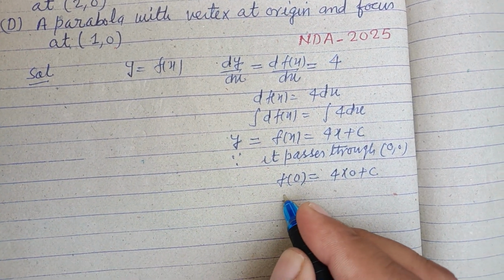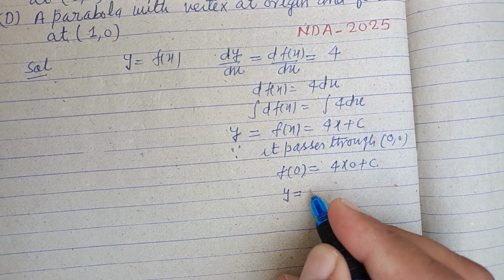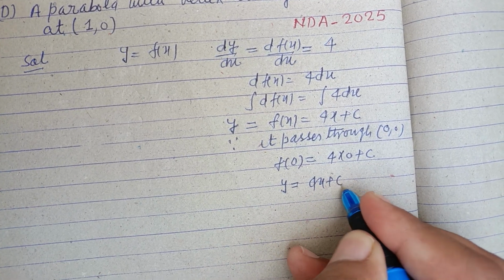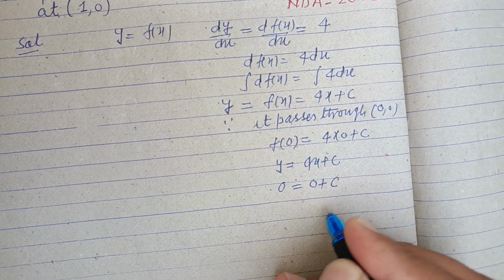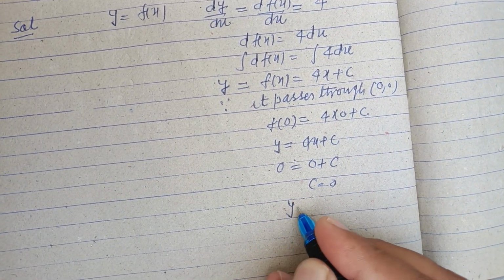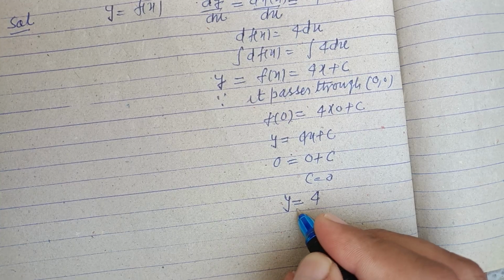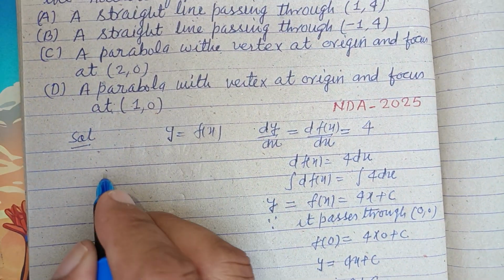Okay, so we put y equal to 4x plus c. If we put here 0 and 0, this becomes 0, so therefore c is equal to 0. So the equation of the curve is y equal to 4x.